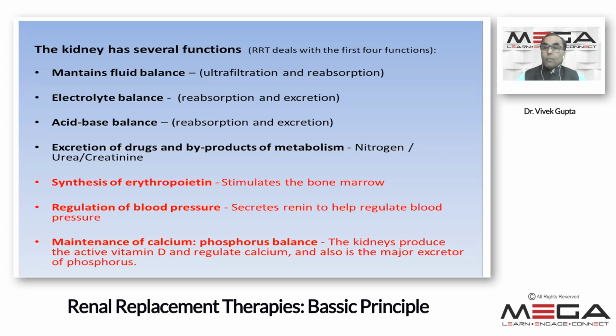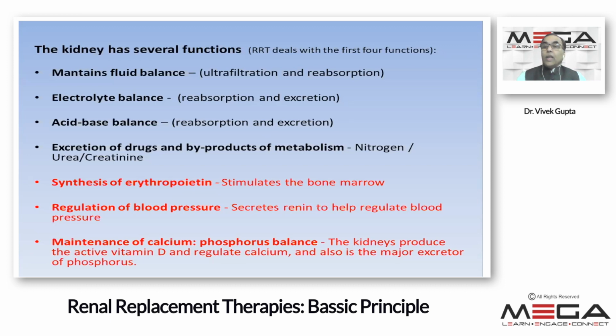But we must remember that there are certain functions of the kidney, like synthetic functions, regulation of blood pressure with the renin-angiotensin-aldosterone mechanism, or calcium-phosphorus balance, which are hormonal functions. These are not supported by the artificial kidney, and we should always understand this. Moreover, another big difference is the amount of filtration which can happen with the normal kidney, which is not possible with the artificial kidney.